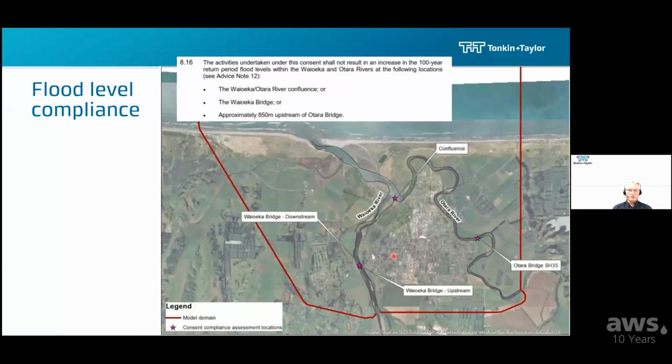So we needed a model. This red outline here is a model domain outline. We selected the TUFLOW FV, the finite volume engine, to build a model using that software. And the idea was to build, calibrate, validate the model for the existing mouth, and then use that to simulate configurations of a new proposed entrance.